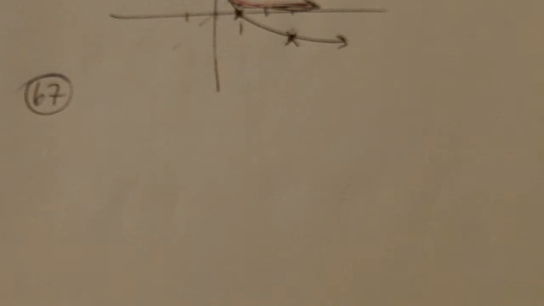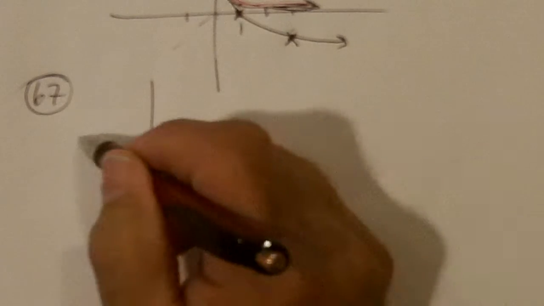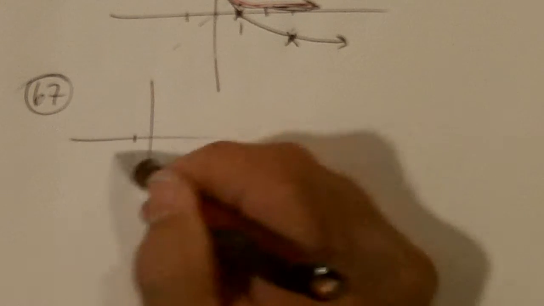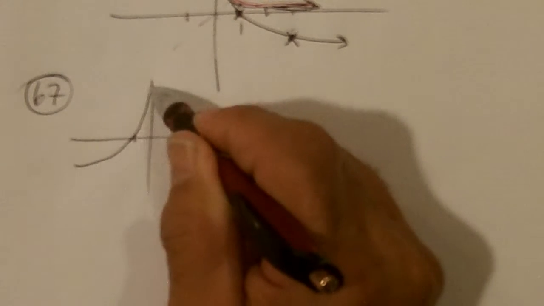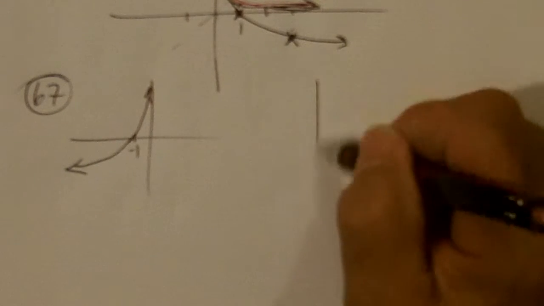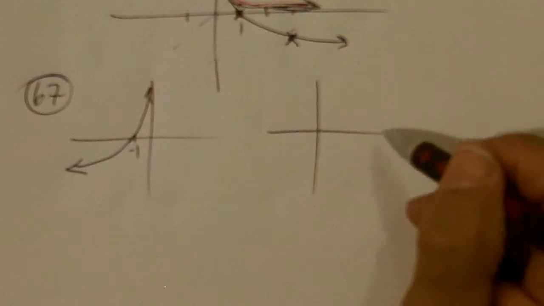67 says we have a graph of a log that looks like this. It goes through -1 and it goes up like this. Now what does a log normally look like?